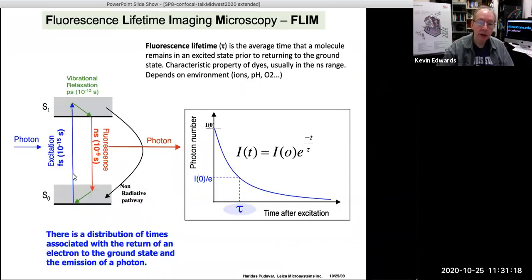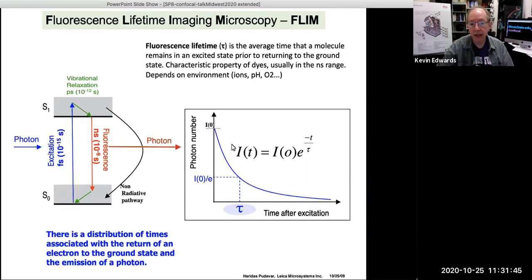So just as a reminder, there's a timing difference between when the excitation light hits the dye and when the emission light leaves. It's very fast, but it is measurable. And so our detectors can measure this timing and then calculate the timings coming from each emission event.